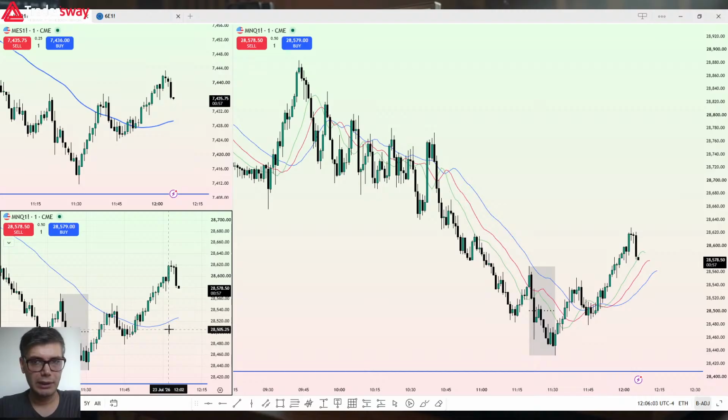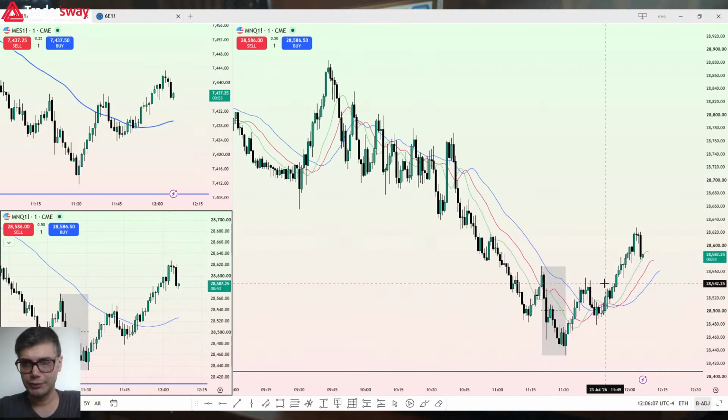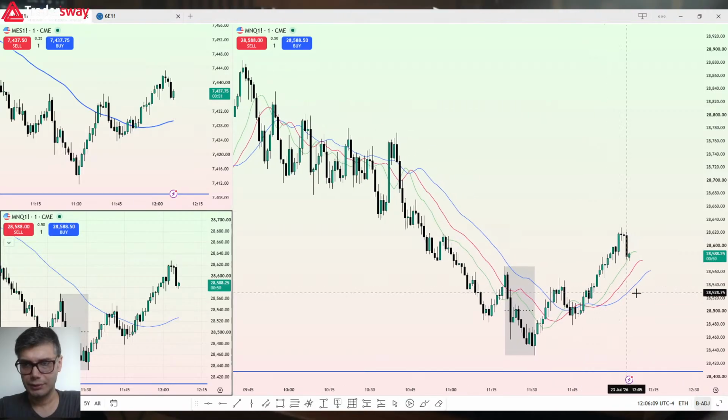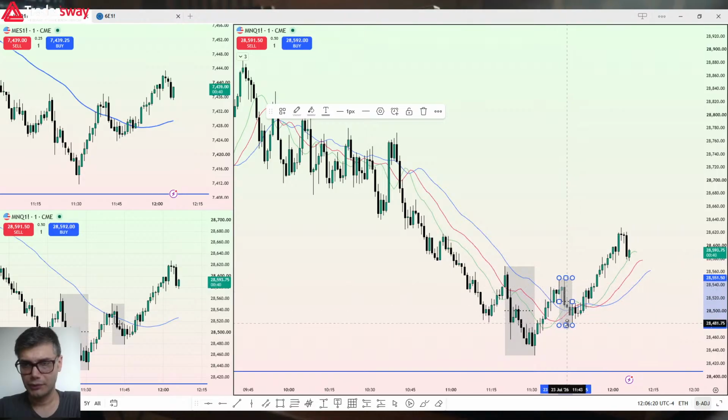So as for MNQ, if I see the price return to this range, I would like to go long in this range because the stop should be down below here.